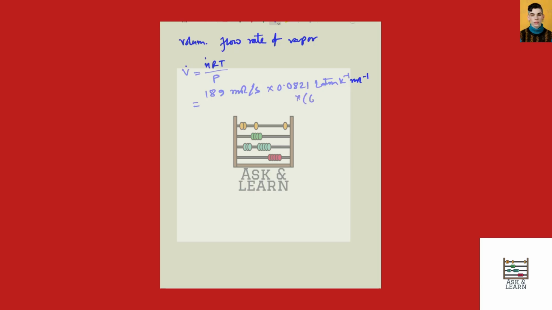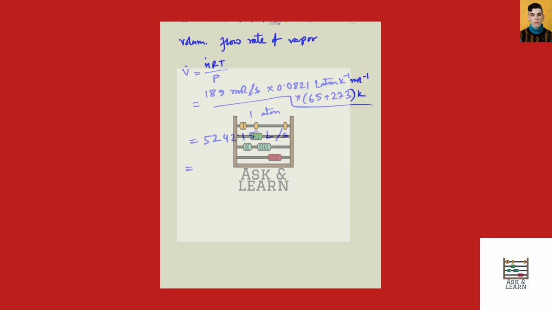The temperature given here is 65 degrees Celsius. Let's convert it to the Kelvin scale. The pressure is 1 atm. Therefore, we get the volumetric flow rate of vapor as 5242.15 liter per second.